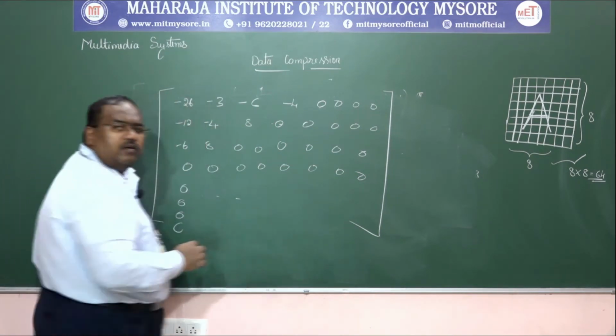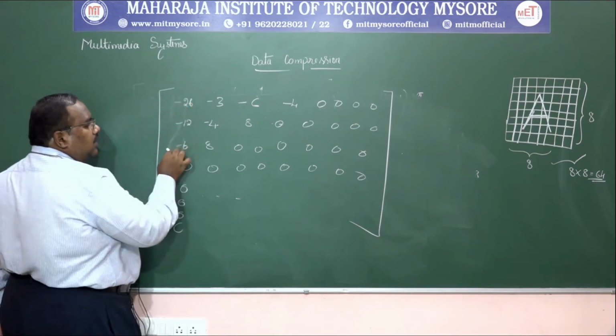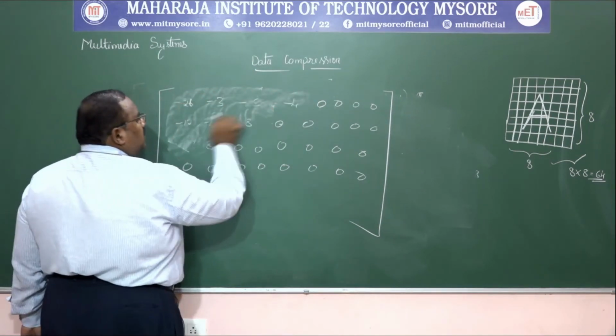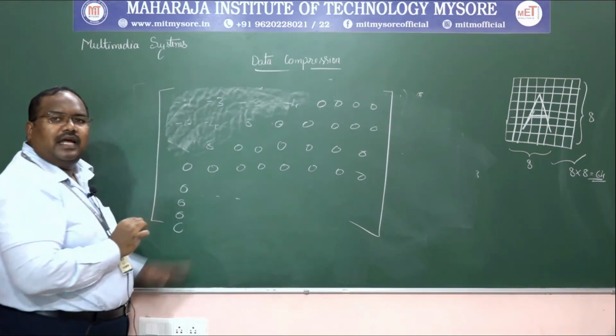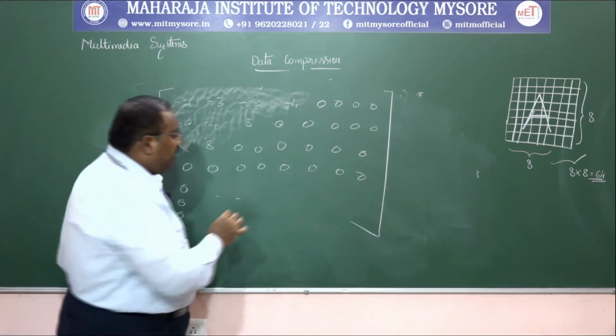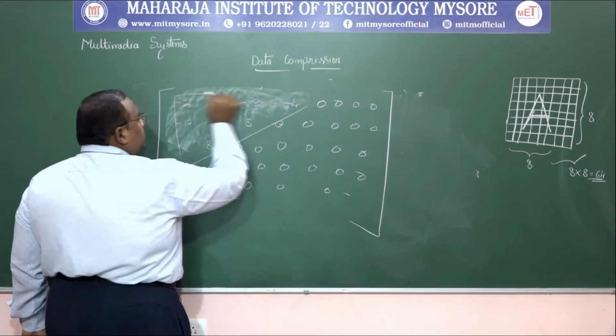The rest would be 0. Now you can see only this portion of the matrix has some value. The remaining portion is totally constituted of zeros, almost like this region.